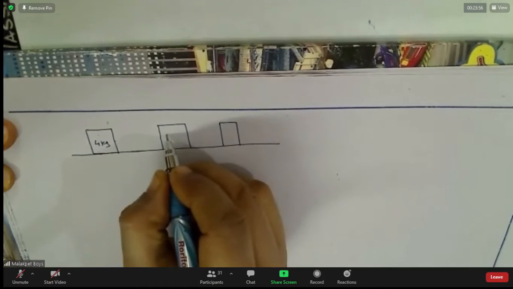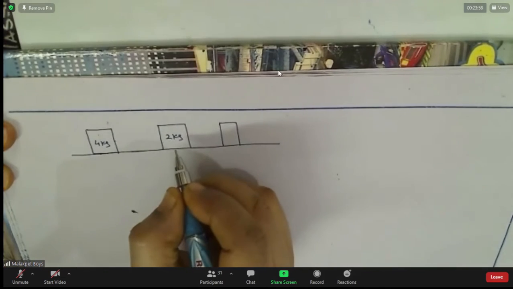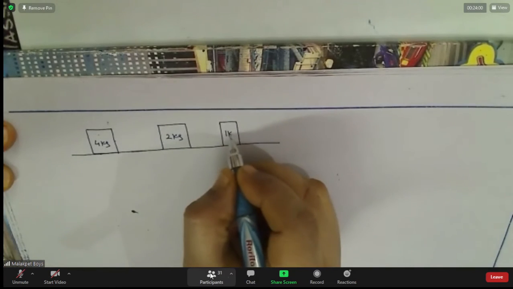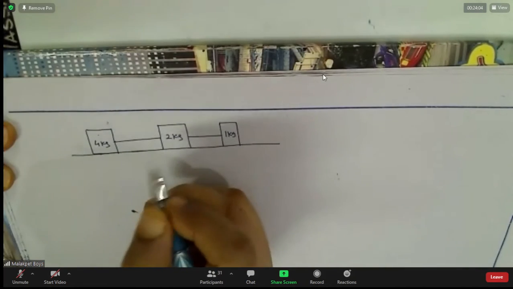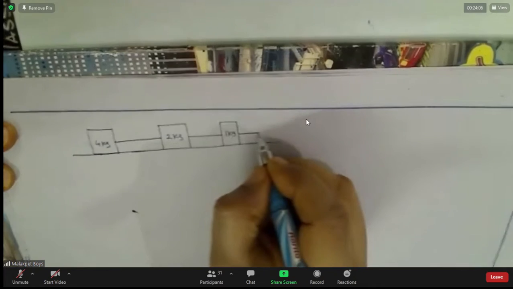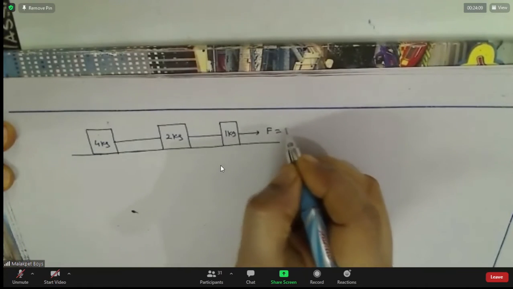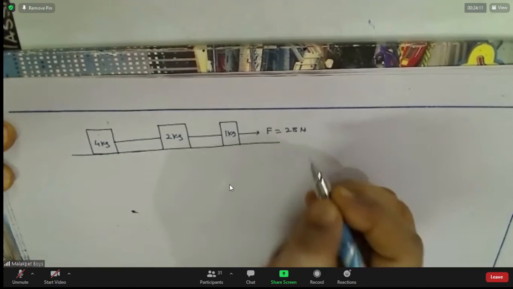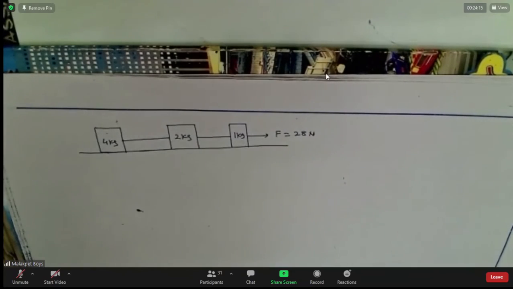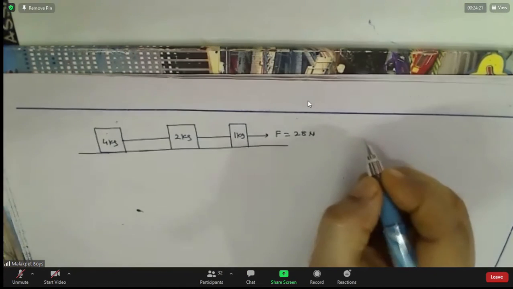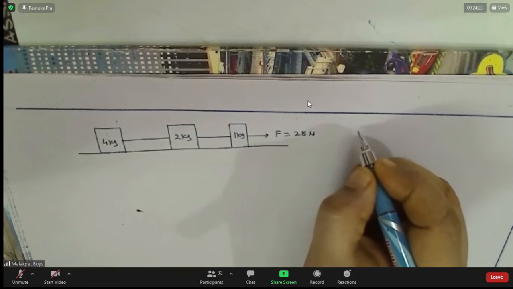This is 2 kg. This is 1 kg. They are connected like this. There is a force of 28 newtons we are applying. Now you can see that we are supposed to find tension in each spring.